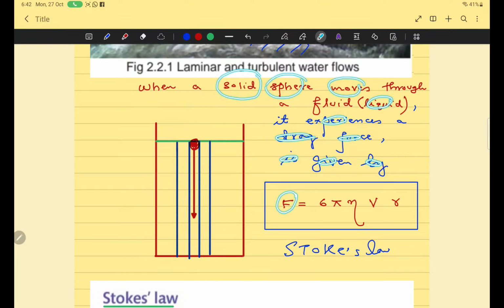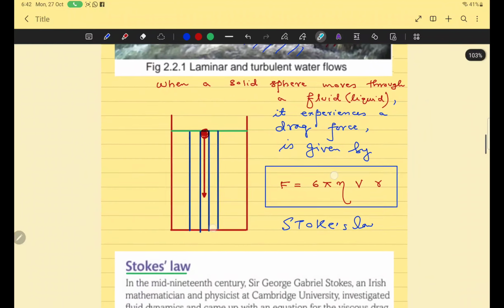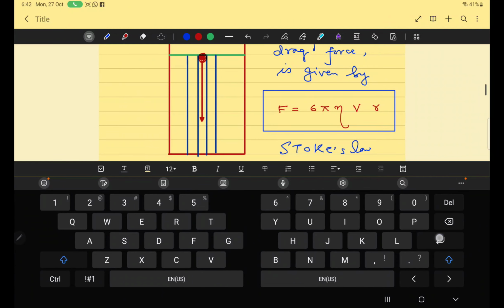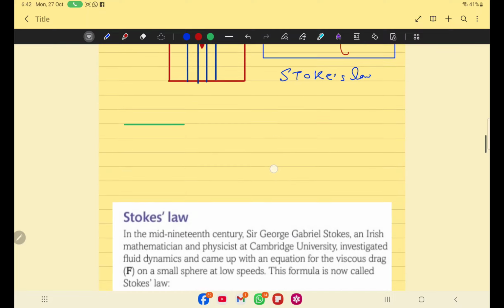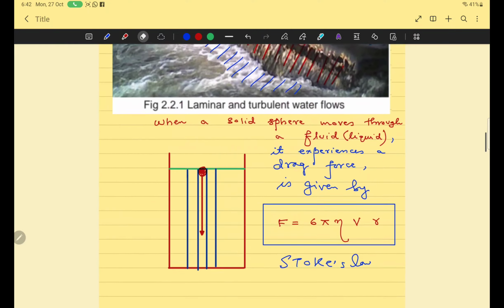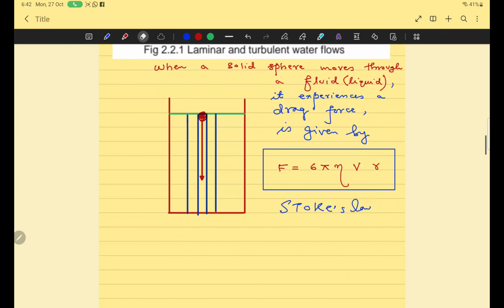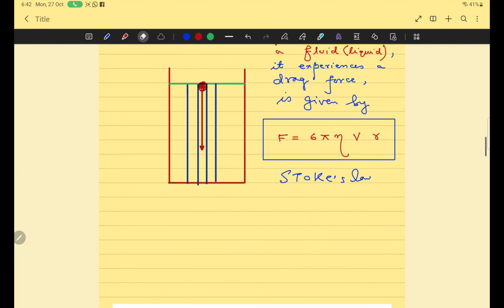The resistive force or the drag force is 6 pi eta VR, and this equation is called Stokes' law. What is Stokes' law saying? Eta VR. Okay. And in this equation I am going to explain.